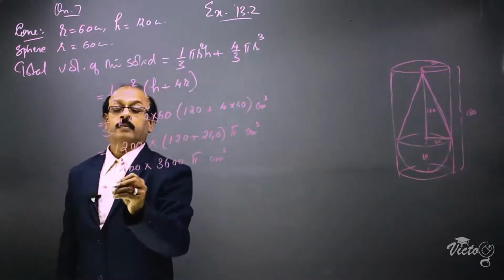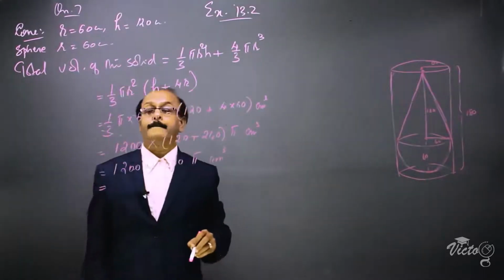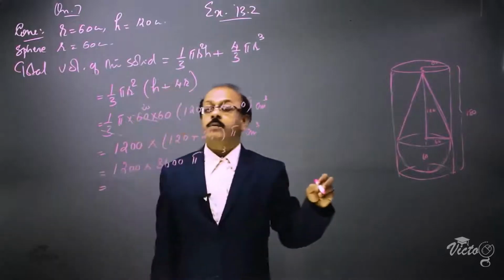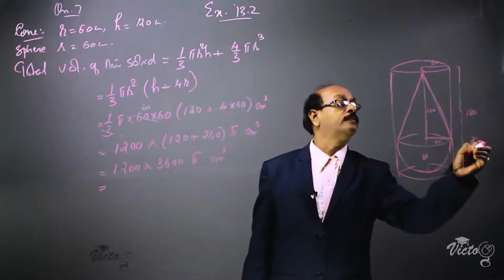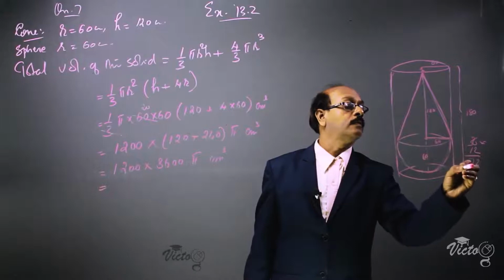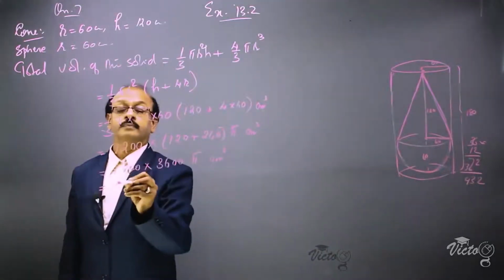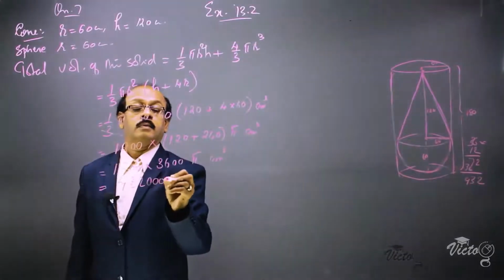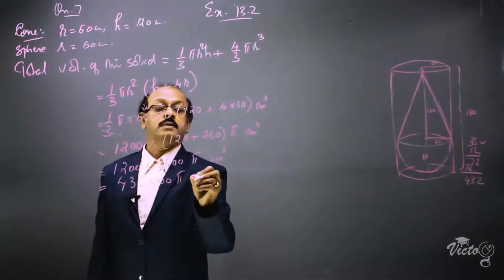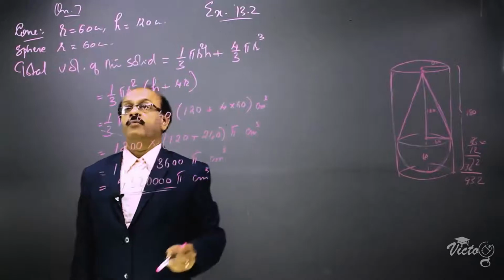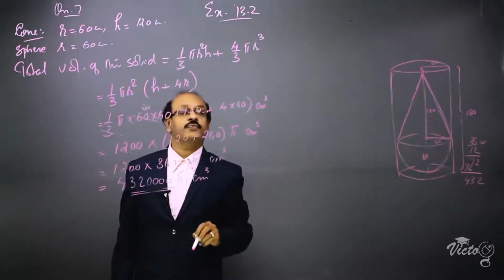Now multiplying 12 into 24, it is 288, with 4 zeros, pi centimeter cube. We had obtained the total volume of the solid.